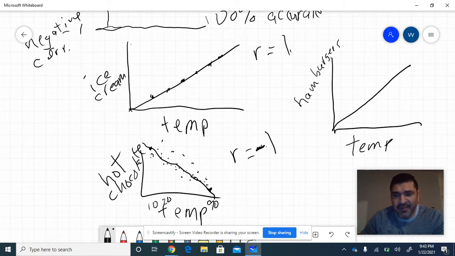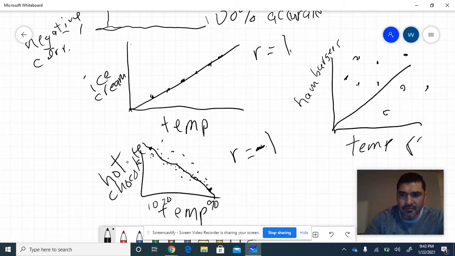It could be 5 degrees outside. I don't care. I'll eat a hamburger. It could be 100 degrees outside. Again, I don't care. I'll eat a hamburger. Hamburgers are delicious. So when there's no correlation, you've got dots all over the place. This R value would be closer to 0.